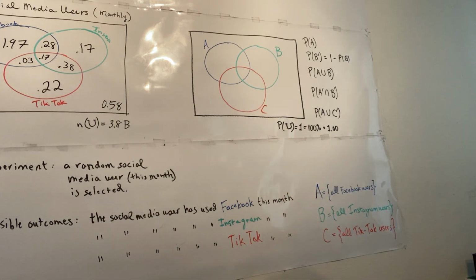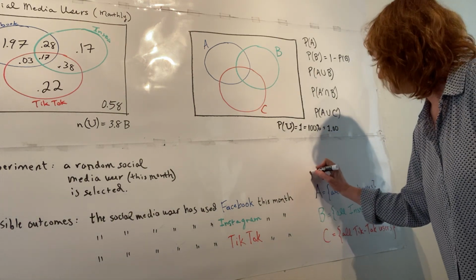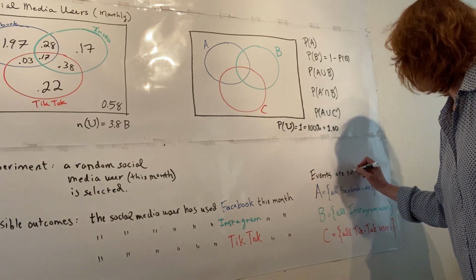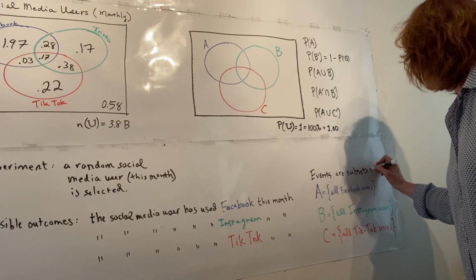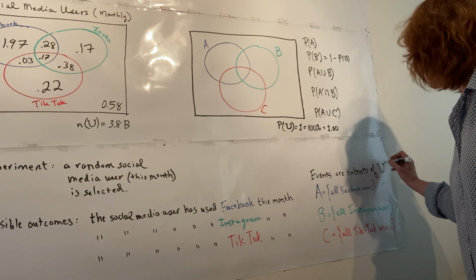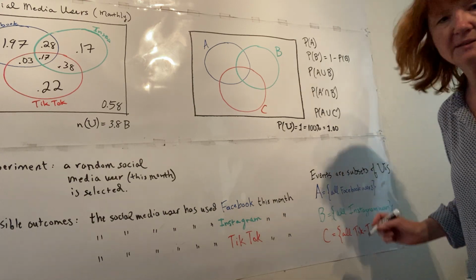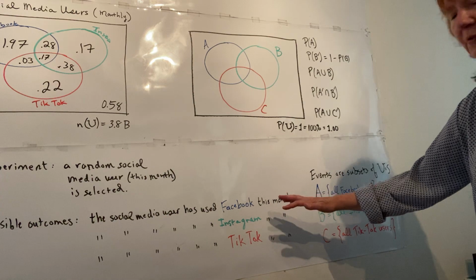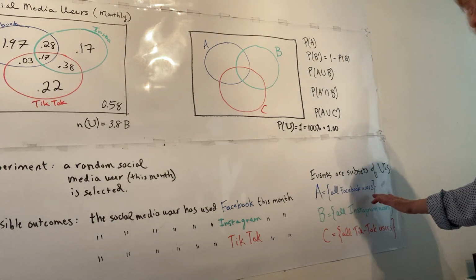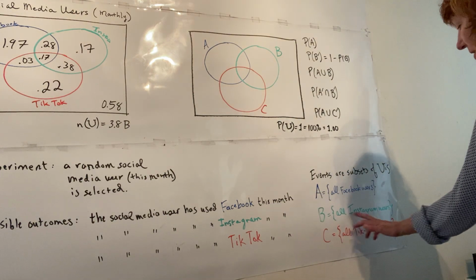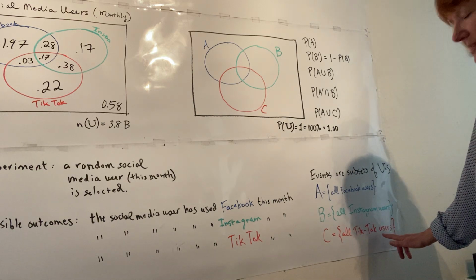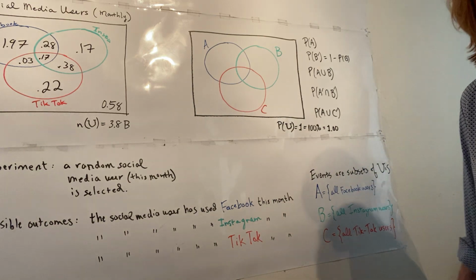Events are subsets of the universal set, which again also gets called the sample space in probability terms. So let A be the set of all those users who said yes, they've used Facebook this month. B is all the users who said they used Instagram this month, and C, all those who said they used TikTok this month.